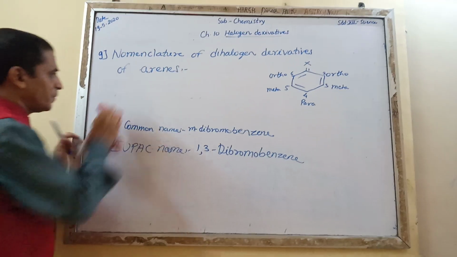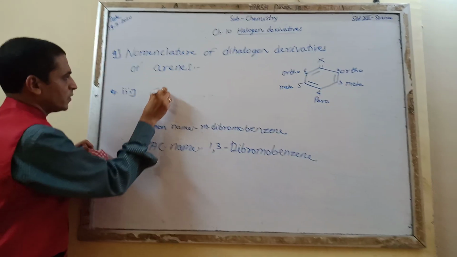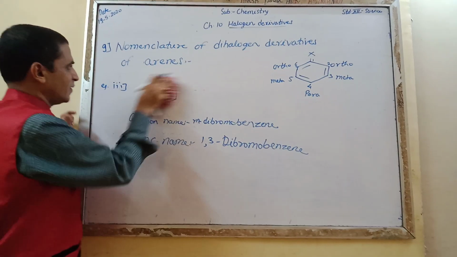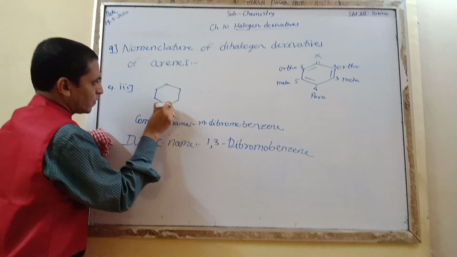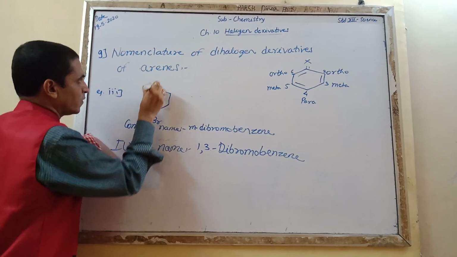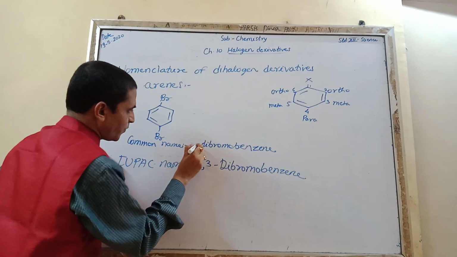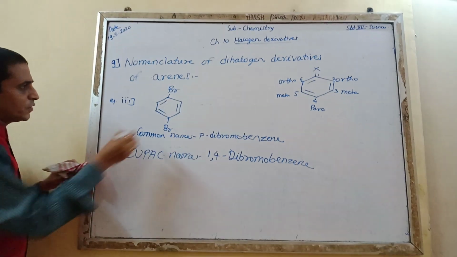Similarly, I can consider the next, the third example. Br, Br. Then instead of M you can put P, and instead of 3 you can put 4. So it is what?